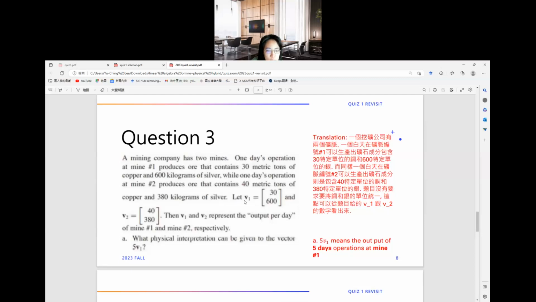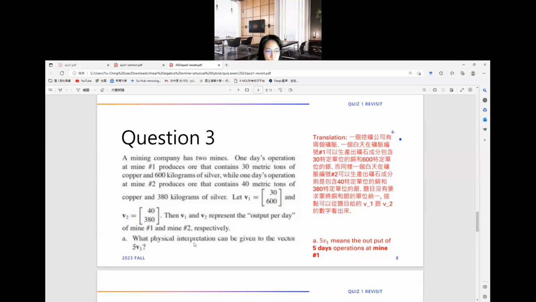We do not need to convert them into some uniform unit. Instead, we can use these two vectors directly, V1, which is 30 and 600, and V2, 40 and 380. For those who understand Chinese, you can read the translation here if you have some doubt about the problem description.